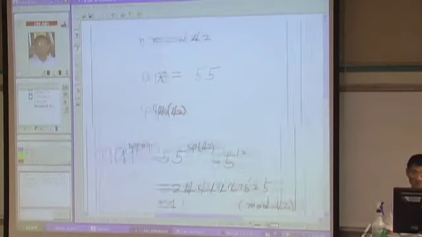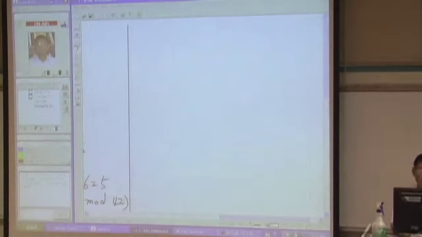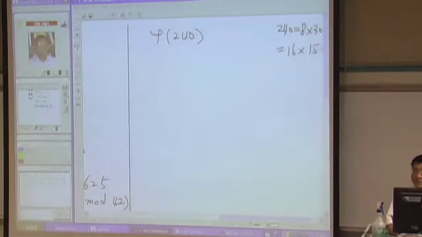Phi is nothing difficult. Phi of 240: 240 equals 16 times 15, or 16 is 2 to the power of 4 multiplied by 3 by 5, right? Then by the property, it is equal to 240 times (1 minus 1/2), (1 minus 1/3), (1 minus 1/5).